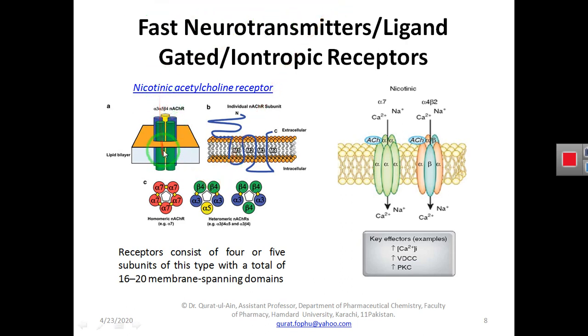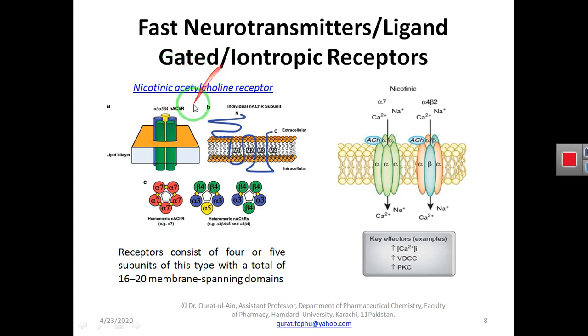In the nicotinic acetylcholine receptor, the subunits arrange themselves to make a channel spanning the plasma membrane for the entry of ions from outside to inside the cell.